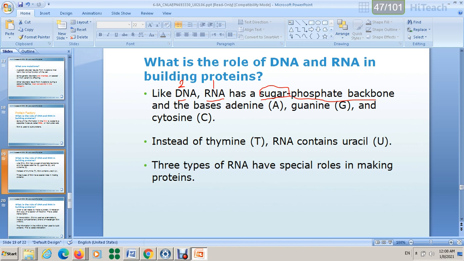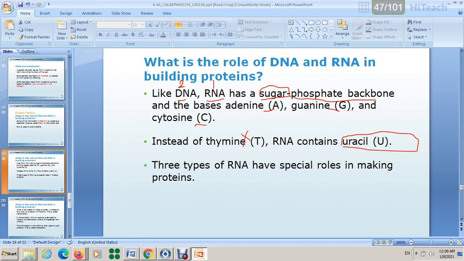And it has nitrogen bases: adenine, guanine, and cytosine. But the difference here is that RNA doesn't contain thymine. No thymine in the RNA. They have instead what? Uracil. Again, I want to remind you about the DNA.